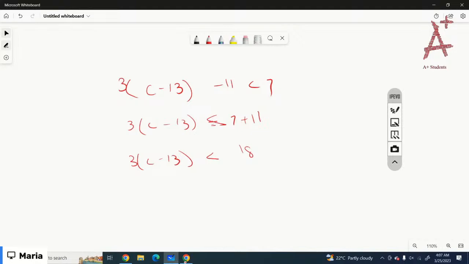Got it? Now you can divide both sides of the inequality by 3, because you have to remove that 3. 3 and 3 cancel out. You are left with c minus 13, and 3 times what number is 18? 3 times 6 is 18. Move that negative 13 to the other side. It would be 6 plus 13.